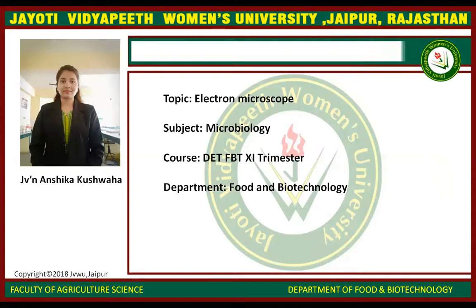So, what is electron microscopy? An electron microscope is a microscope that uses a beam of accelerated electrons as a source of illumination. The wavelength of an electron can be up to 1 lakh times shorter than that of visible light photons.